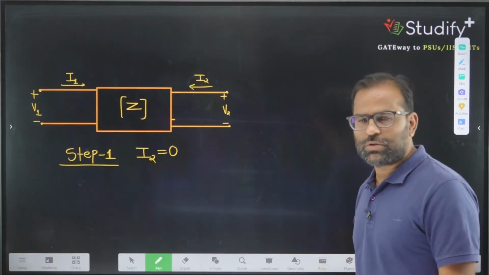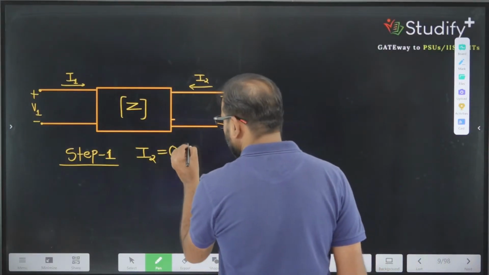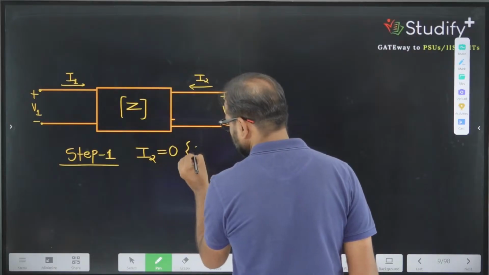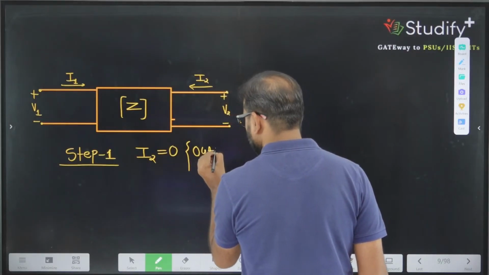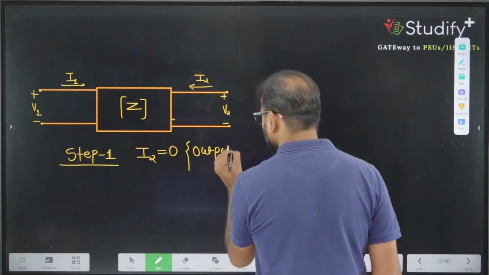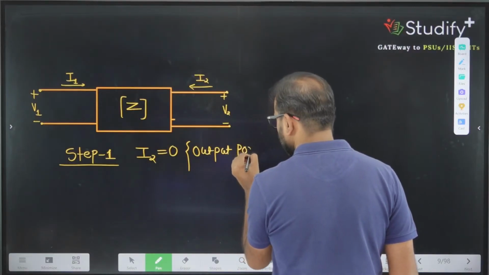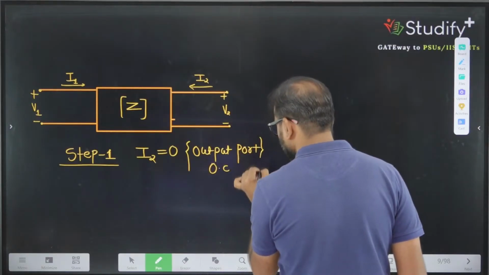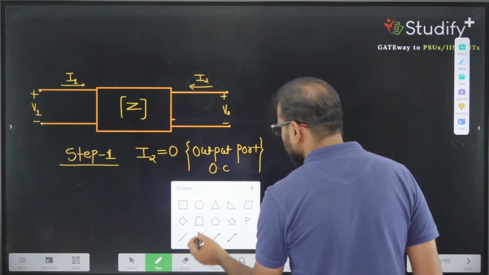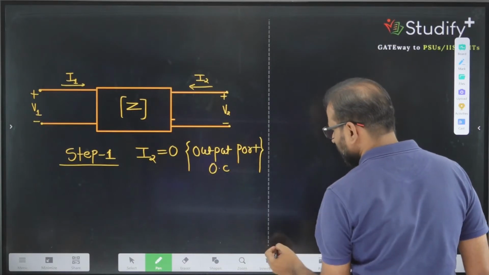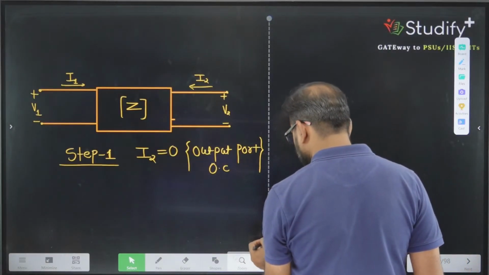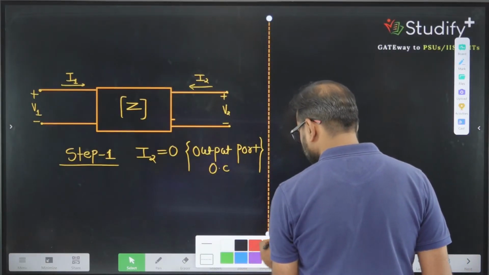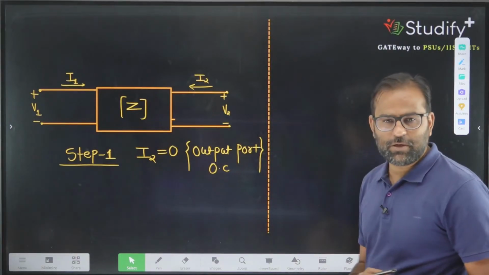Make I2 equal to 0 means the output port is open circuited. We are replacing our output port by an open circuit.